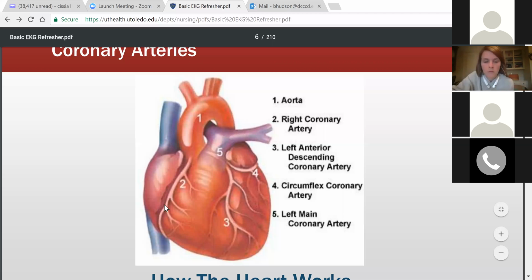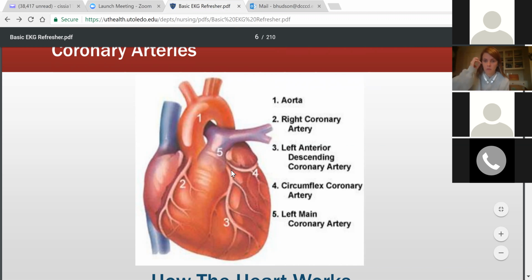So this is your right coronary artery here, and it's going to feed the right atria, the right ventricle. So it's pretty much the right side of the heart. Then you have the left main coronary, which is right underneath the aorta.